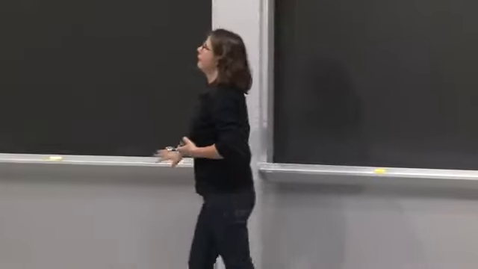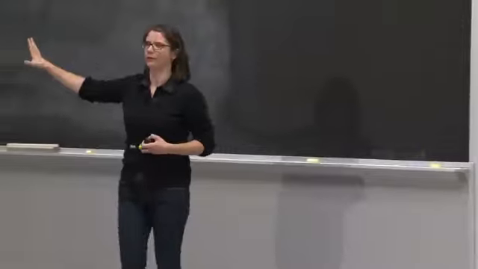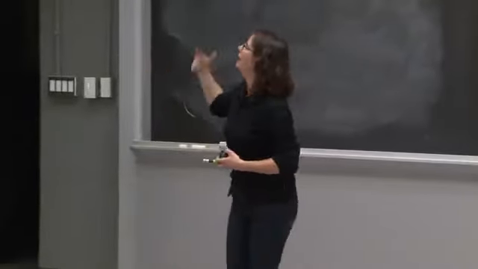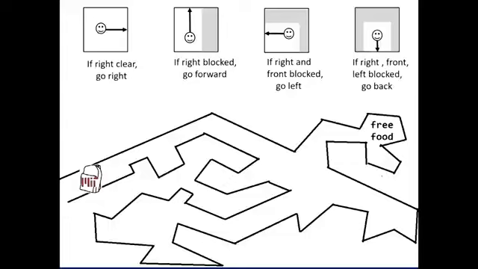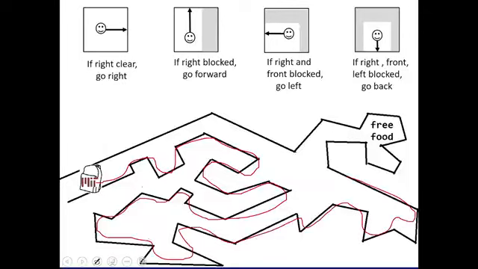Okay? If I keep going forward and there's a wall to my right and in front of me, I'm going to turn around and go left. Okay? And then, if there's a wall to my right, in front of me and to the left, then I'm going to turn around and go back. So with this fairly simple algorithm, I just follow the path, always keeping the wall to my right, and eventually I end up where I need to be.